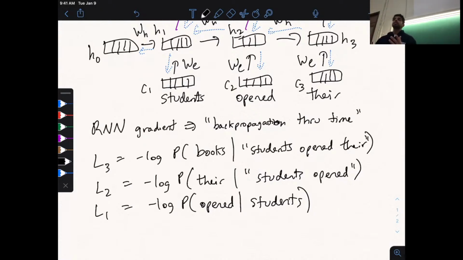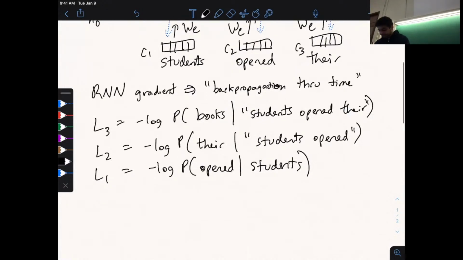So, of course, I would like a way to have a single loss over this whole sequence. That would be good for keeping track roughly of how good my model is doing at predicting the next word across this sequence or more broadly across a batch. And so what we do in practice is we will compute the combined loss as just the average of these token level next word predictions.